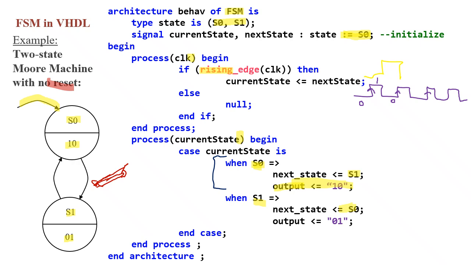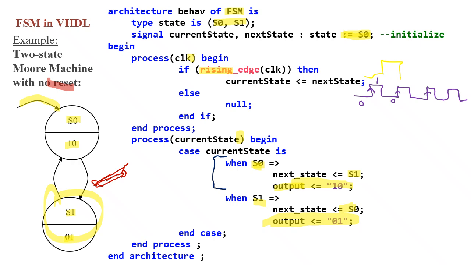This is the next state after S1. And we're going to output 0, 1 because 0, 1 is the output of state 1. So when the current state is S1, output 0, 1 and update the next state variable for the next cycle to be S0.